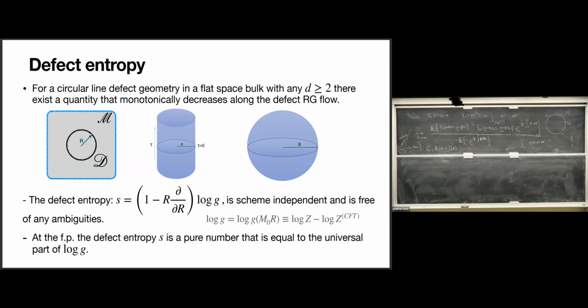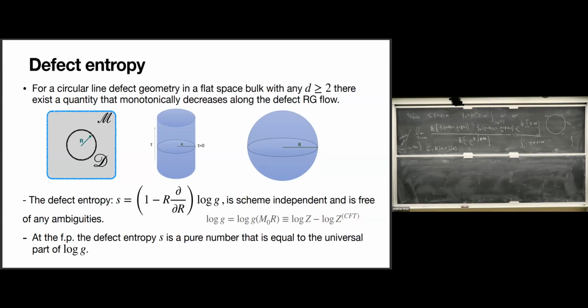So once you have a defect in a CFT, in general, you can calculate the defect's contribution to the partition function, this log G, and then act with 1 minus r partial r and get the defect entropy. Now this quantity is useful because it is free of any scheme ambiguities, which makes it scheme independent.